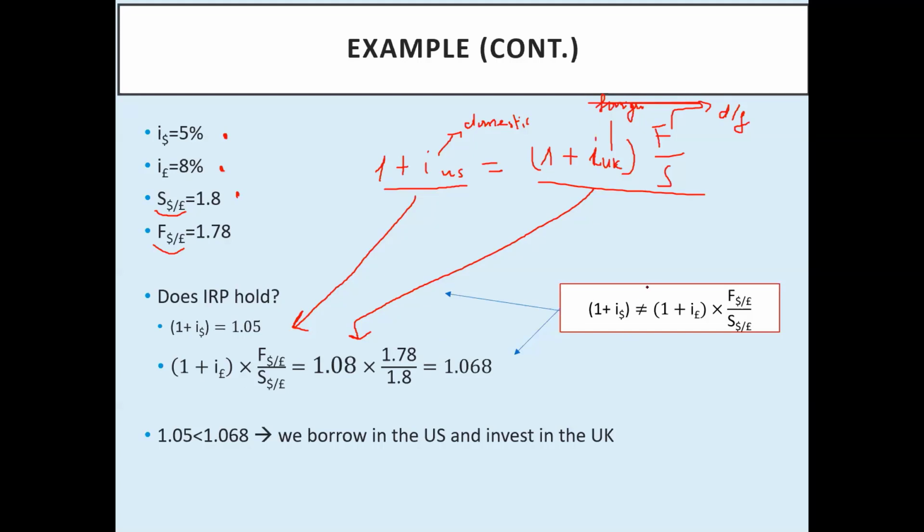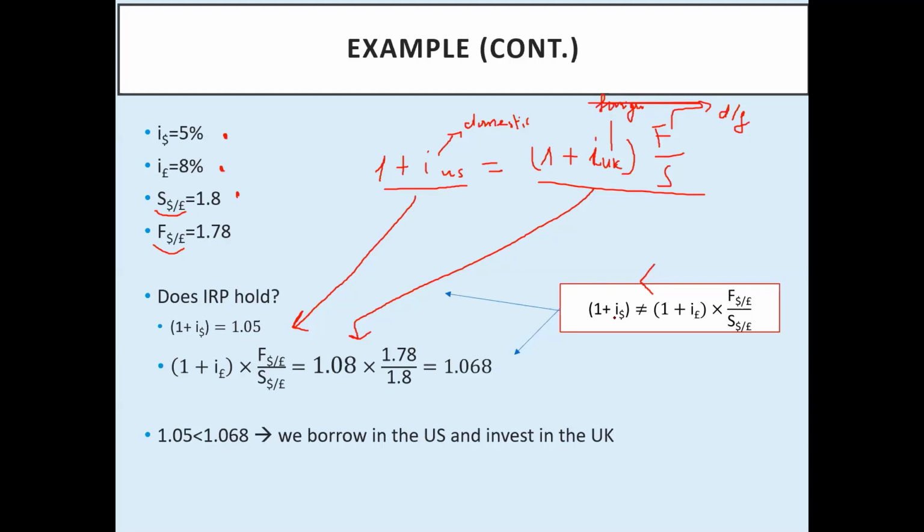So in this case, borrowing in the domestic country is cheaper than borrowing in the foreign country. In contrast, lending in the domestic country does not yield as high as lending in the foreign country, okay?